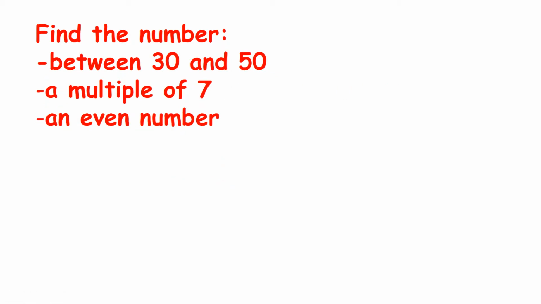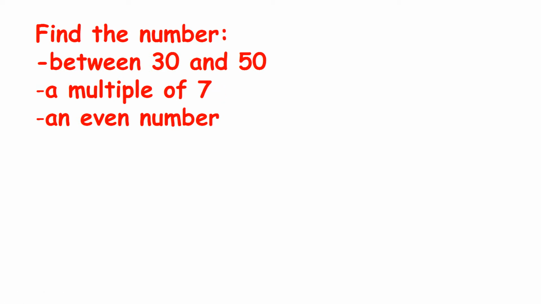Now pause the video and see if you can find the number which is between 30 and 50, a multiple of 7, and an even number. If we know that a number is a multiple of 7, we know that it's in the 7 times table.